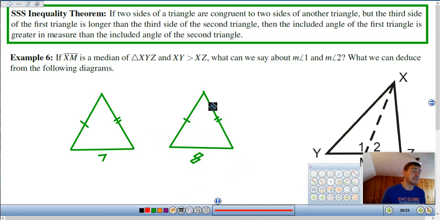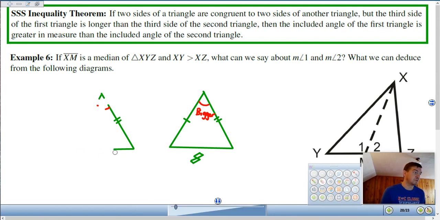Then that means that this angle is bigger than this angle. Okay? That's what the SSS inequality says. It's really the converse of what we just learned about the hinge theorem. So now we're going to take that and try to apply it here.